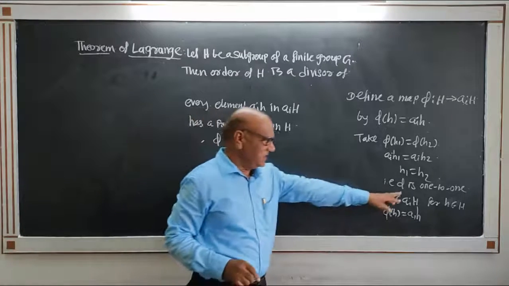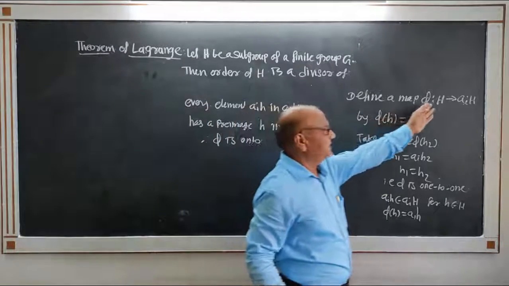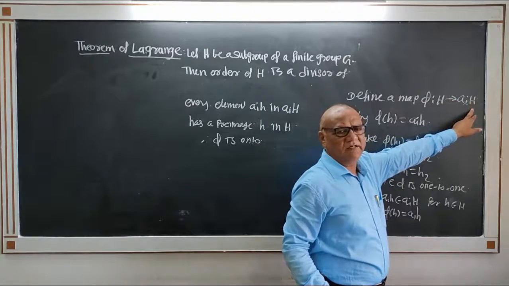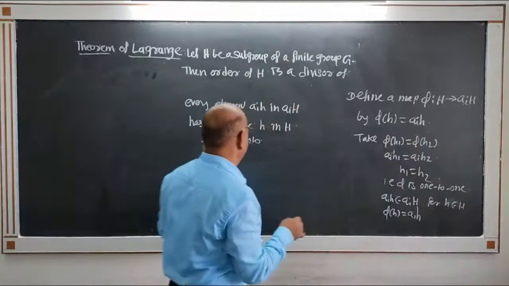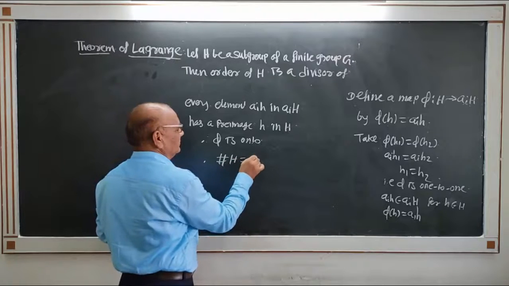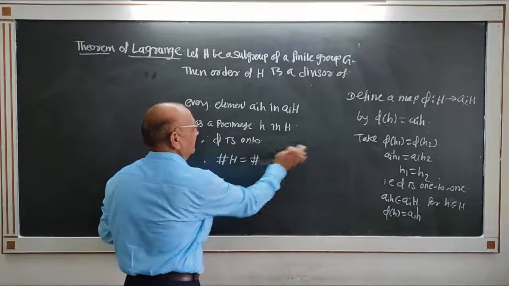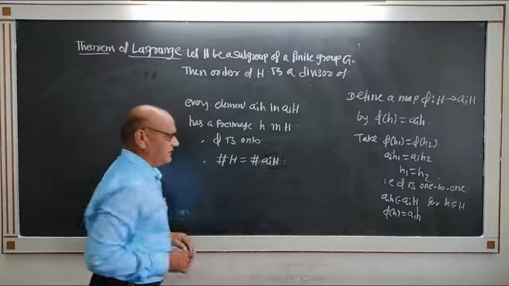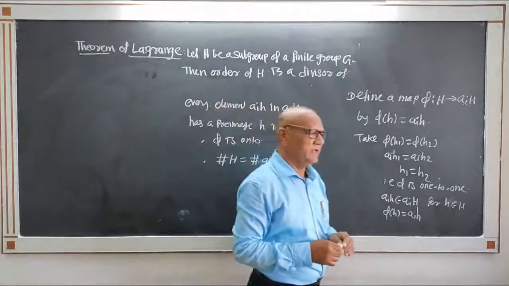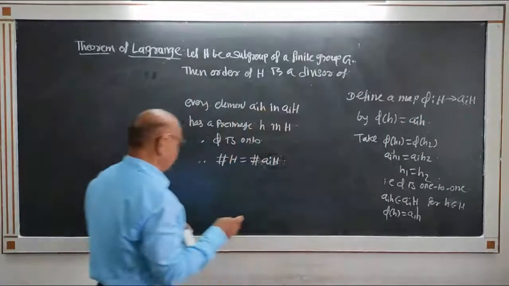Phi is one-one and onto, that means bijective, so it is a one-one correspondence. So the number of elements in the domain is equal to the number of elements in the codomain. Therefore the cardinality of H is equal to the cardinality of AIH. That means the number of elements in H is equal to the number of elements in its cosets.